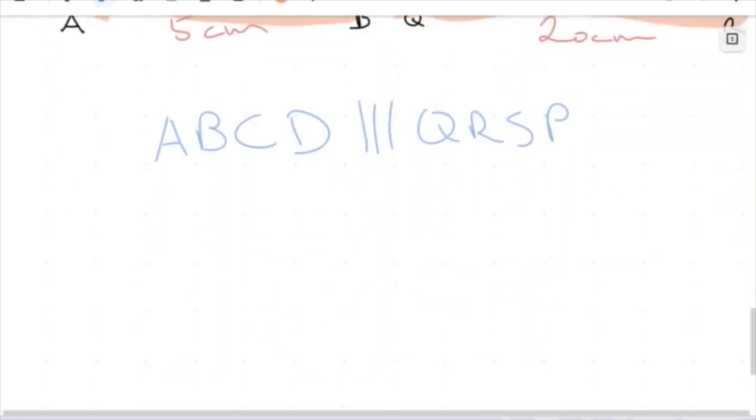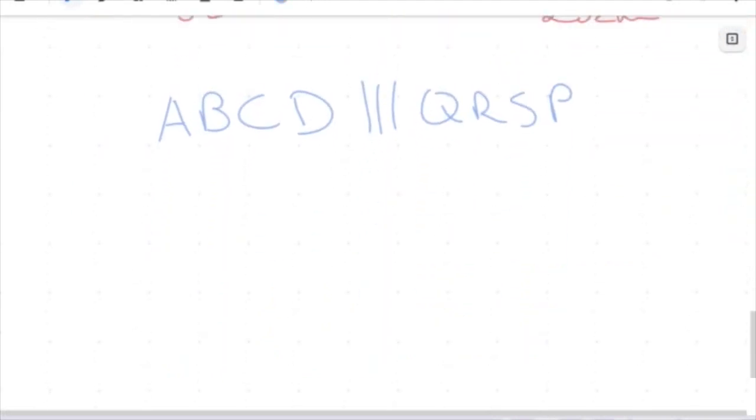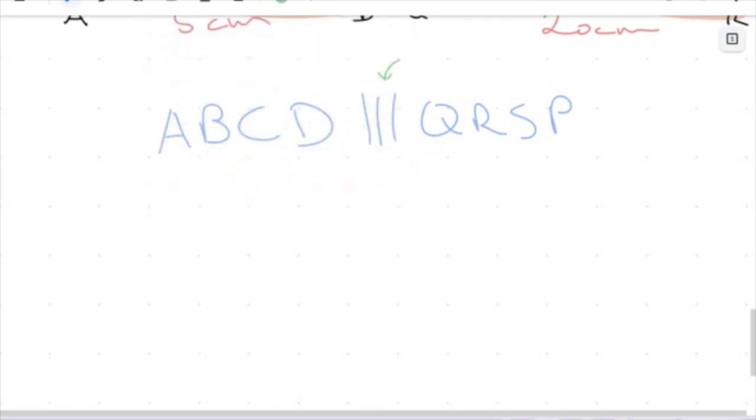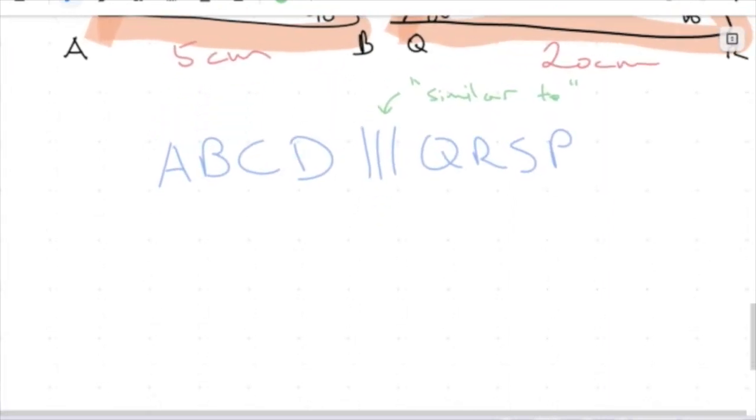And this is what my notation tells me. So this tells me this is similar to QRSP.